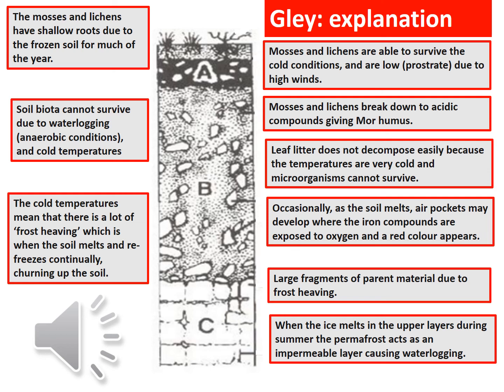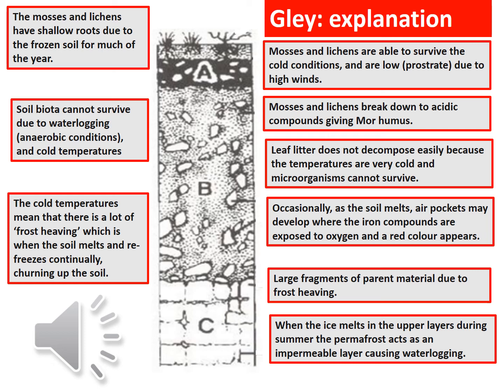Okay. Here we go, the bottom left now. The cold temperatures means that there's a lot of frost heaving, and that's going to continually turn the soil up. So again, very much like what I said before, just linking it back to that. The soil biota can survive in the anaerobic conditions, the waterlogged conditions, and the cold temperatures.